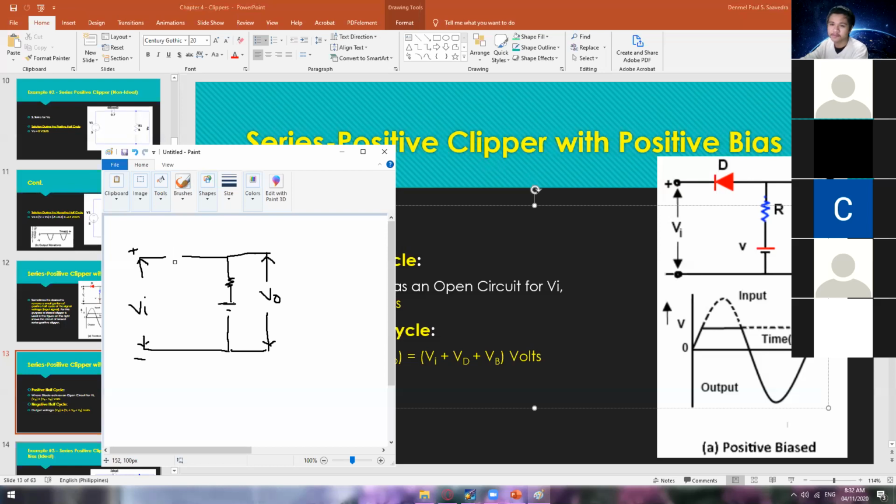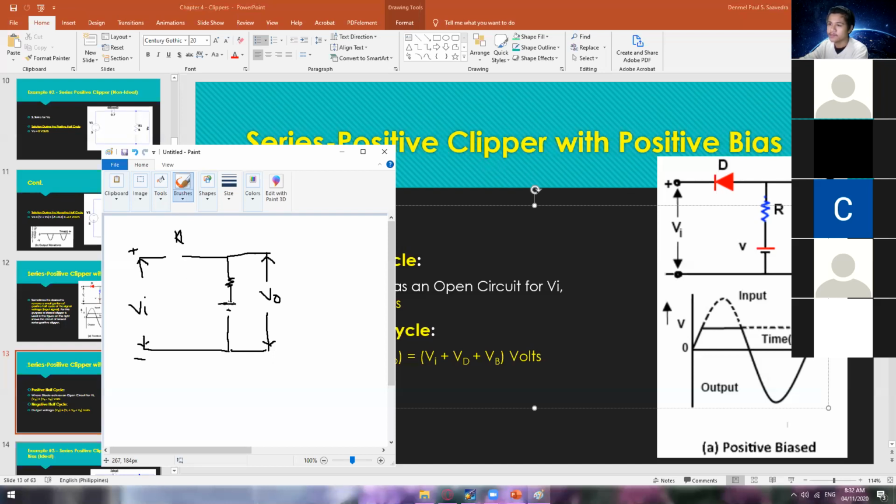If this one is reverse bias, then you could say that this one now is in open circuit, right? So as a result, our V sub I will not conduct on this side. But how about our bias voltage? Where is our bias voltage? Before, we have here the positive side and then the negative side.